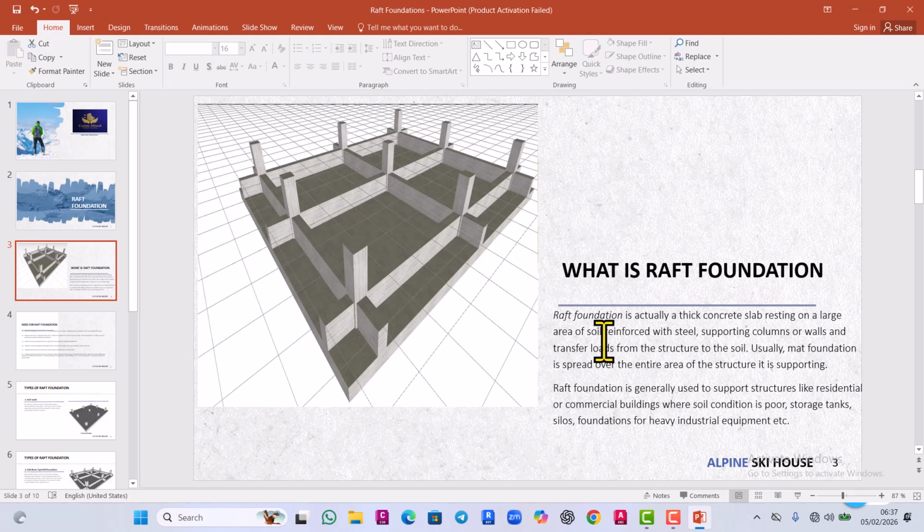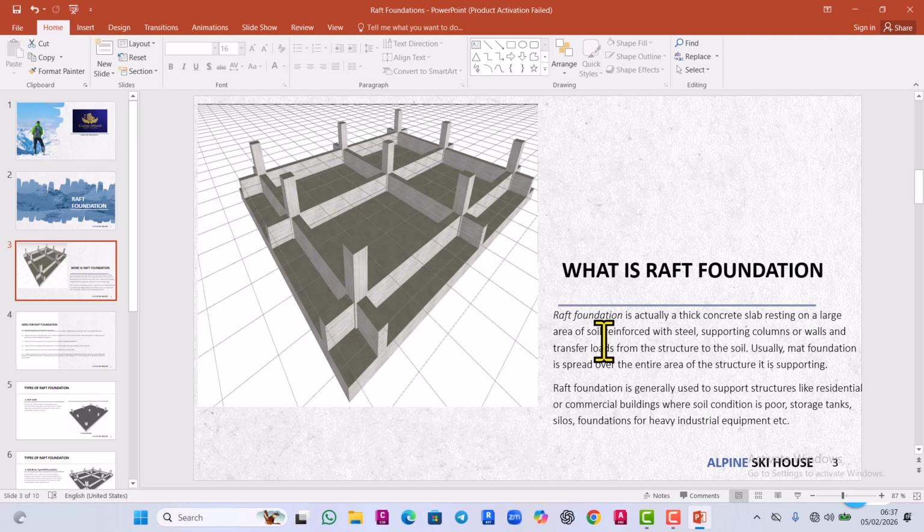Just like when your footing is resting, let's say you have a footing of 2 meter by 2 meter. That footing covers that particular area for a particular column. The footing is resting directly on the soil of that particular area.